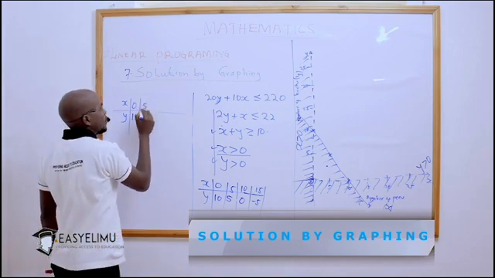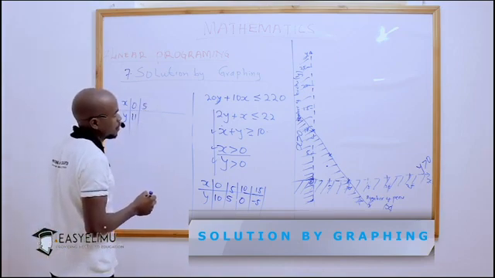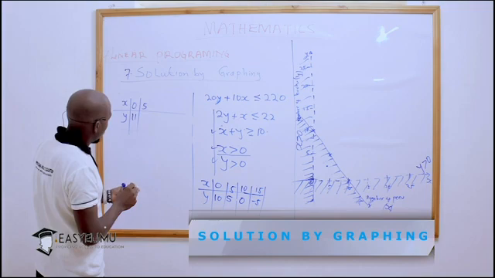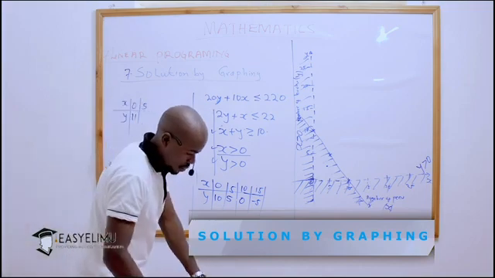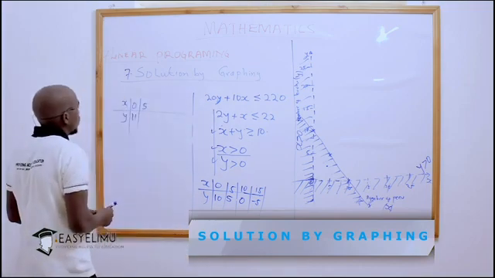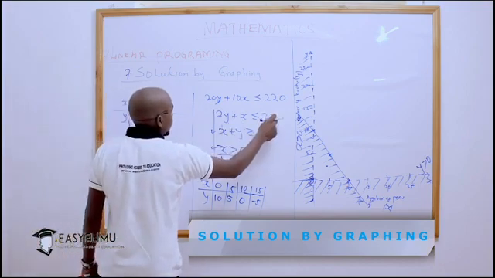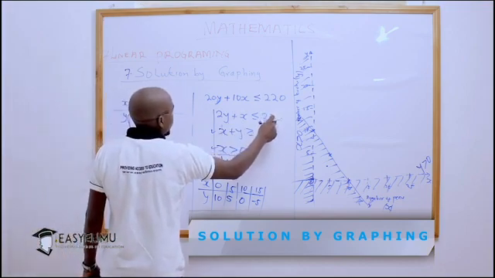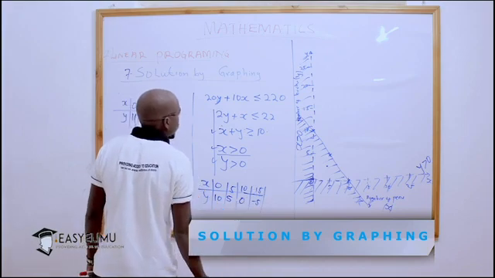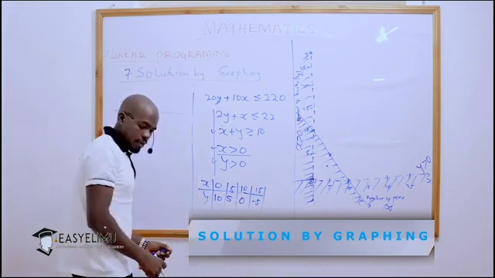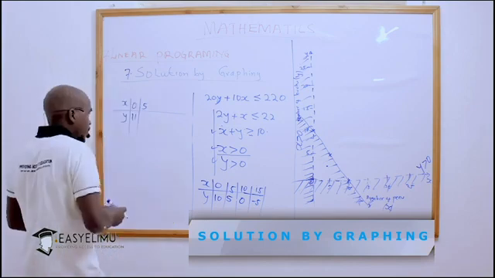If x is 5, we shall find y as what? That is 17. Let me use this one to correct it well.